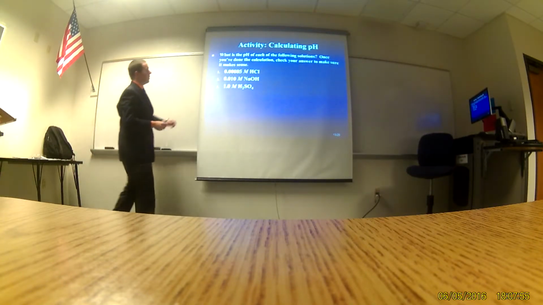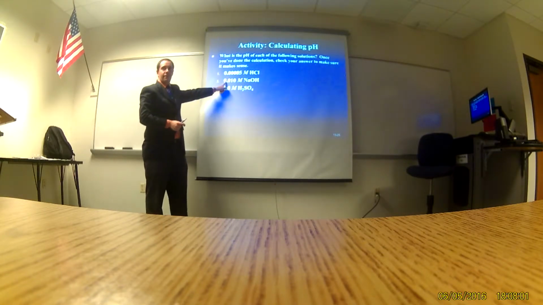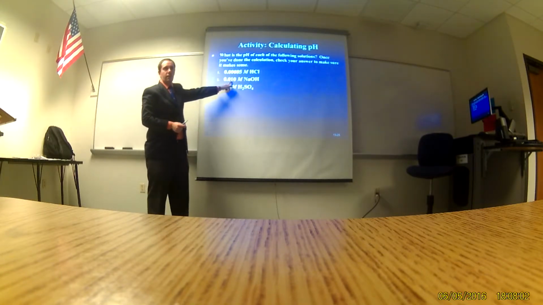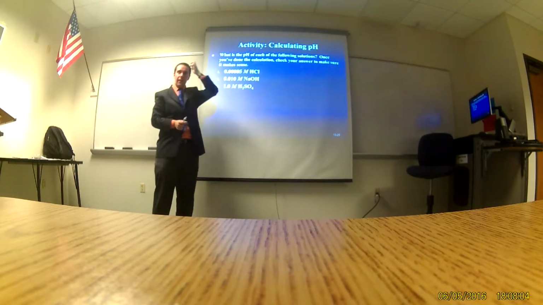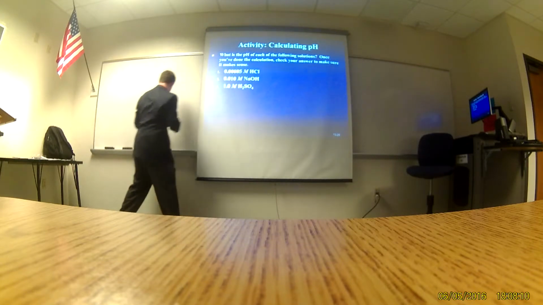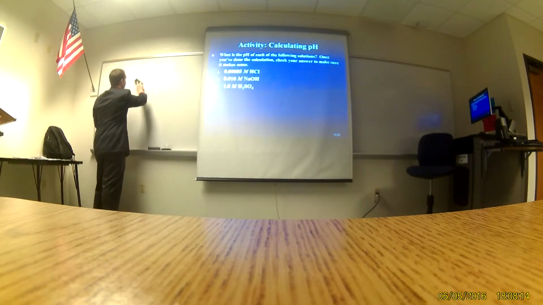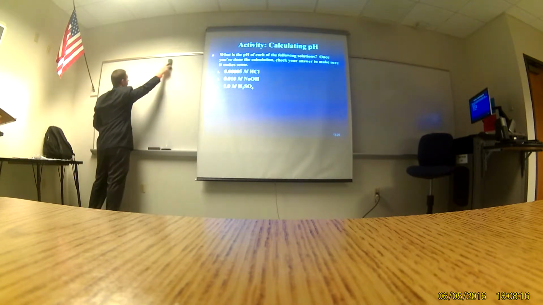Second one's a little bit harder, because what is this going to give us? It's an acid or a base? That's a base. And so we take 0.01 times 1 to get 0.01 still, but that's our hydroxide ion concentration.